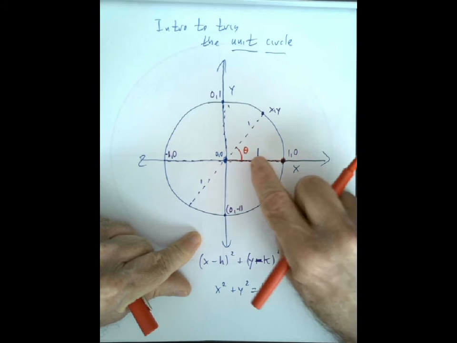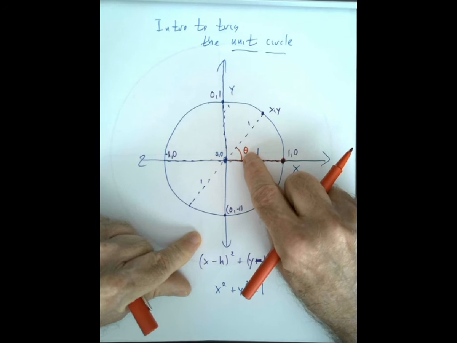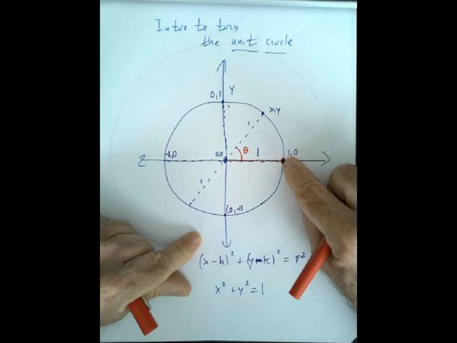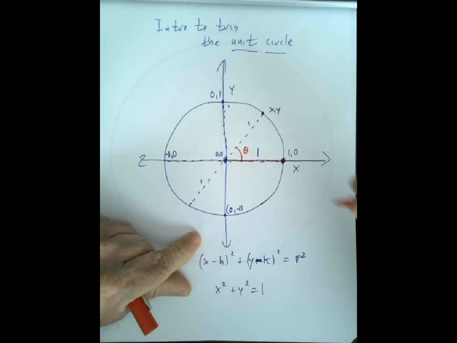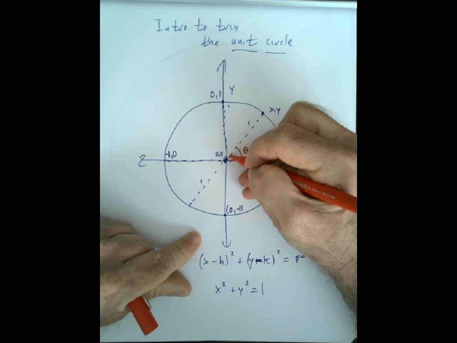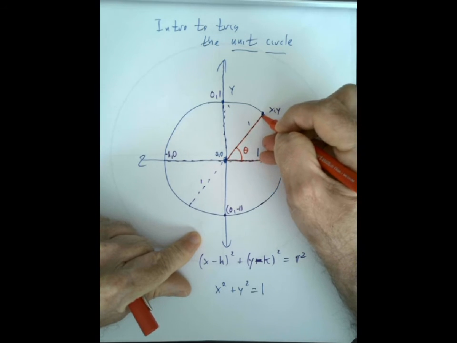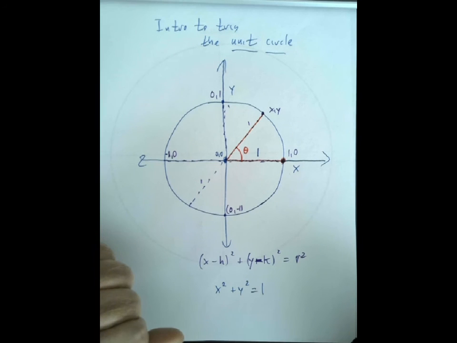So for instance, right here, this angle theta will be the angle from here up to that other side right there. Okay?